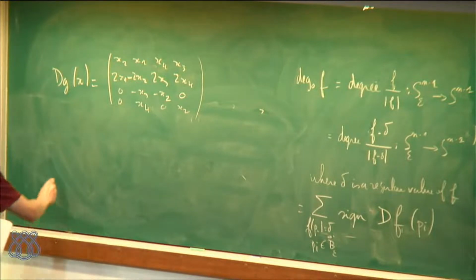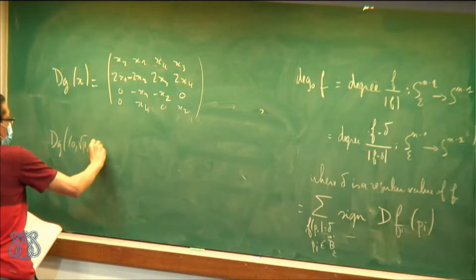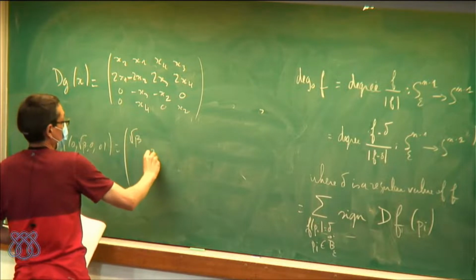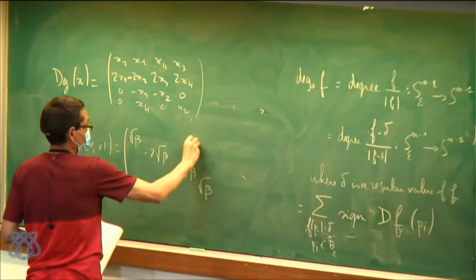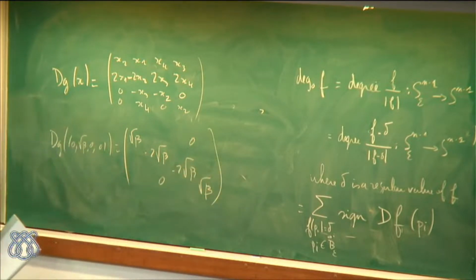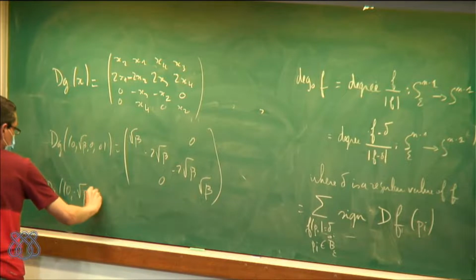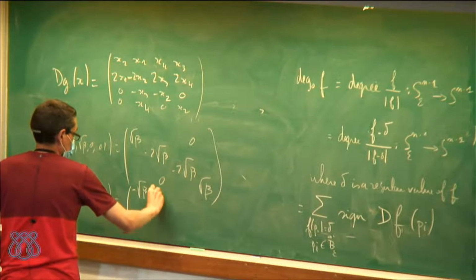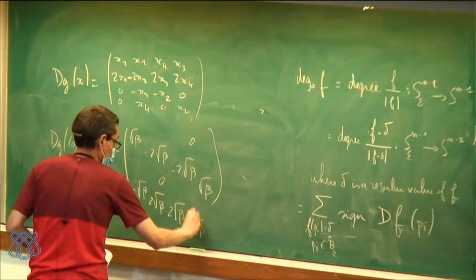So dG at (0, square root of beta, 0, 0) is a diagonal matrix with minus 2 square root of beta, and then everywhere else you have 0, and similarly at (0, minus square root of beta, 0, 0).